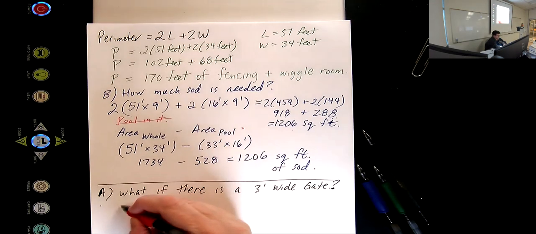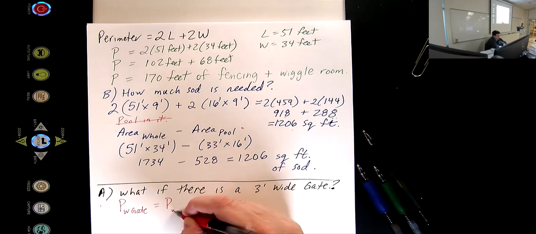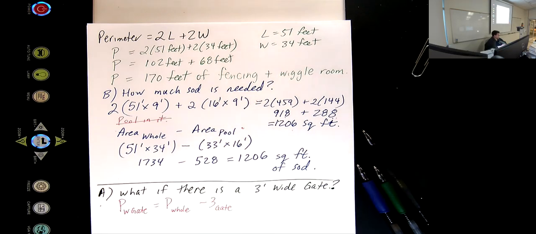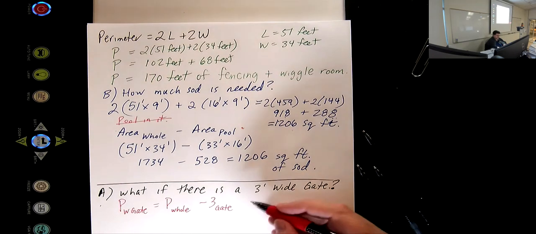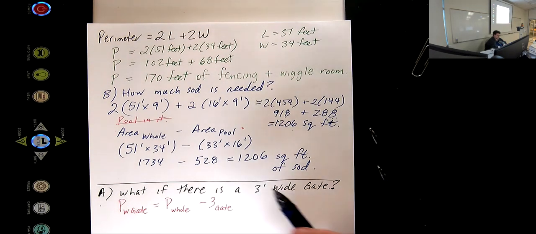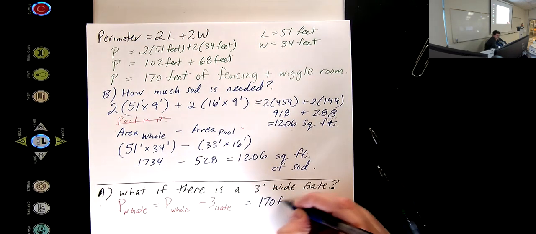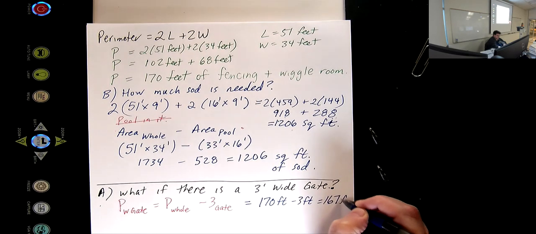So the whole perimeter with gate is probably the whole perimeter, and then minus the 3 feet for the gate, assuming the gate's pre-built and you're just adding it in. So that's a good idea. I like that. That's pretty straightforward. 170 feet minus 3 feet is 167 feet.